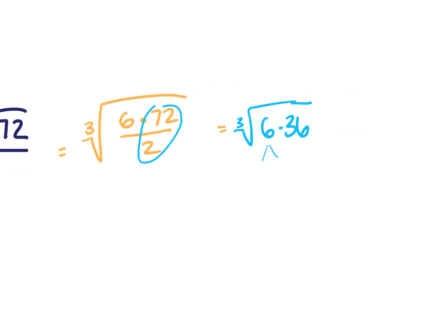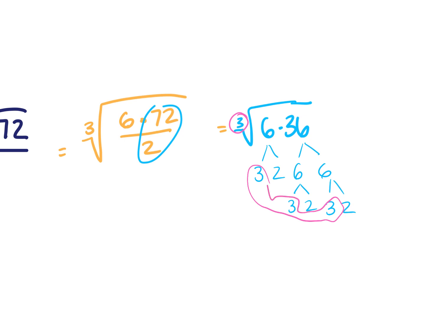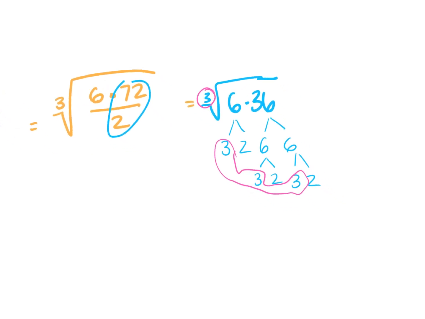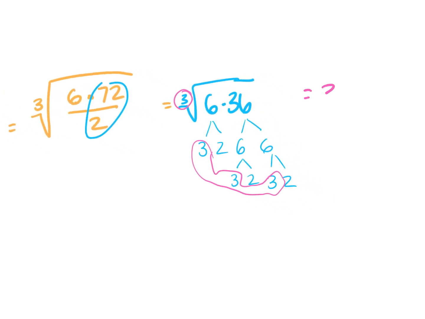What are 2 factors of 6? 3 and 2. And 2 factors of 36? 6 and 6. 2 factors of 6? 3 and 2. And 3 and 2. Well, I need how many of a kind here? 3. Do I have 3 of a kind? Yes. I have 3 3s. So what's going to come to the outside? 3. A 3.